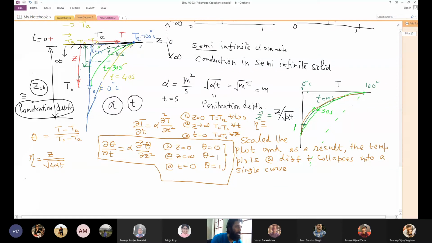We can see that at z equals 0, eta goes to 0. At t tends to 0, eta tends to infinity. So z tends to 0, eta tends to infinity. You can see that these two boundary conditions actually merge into a single one.